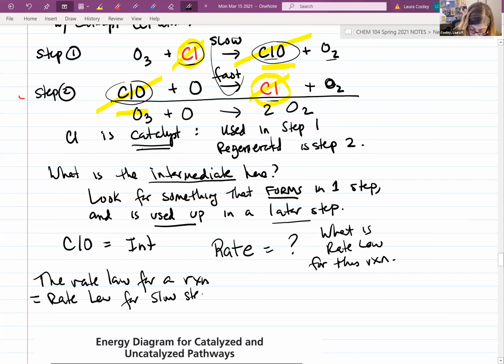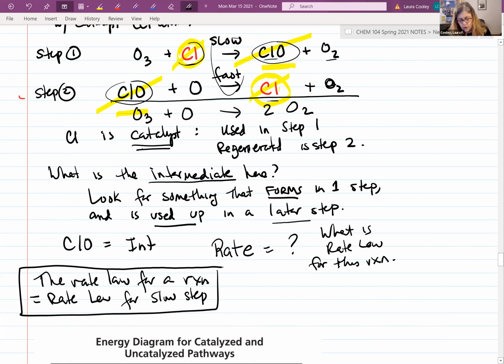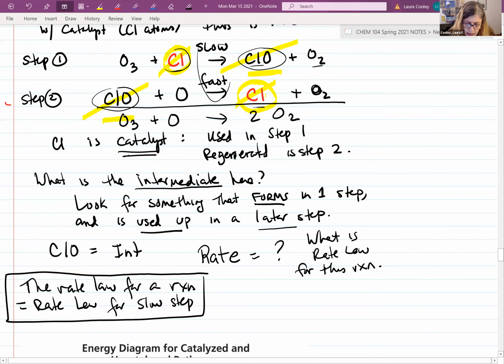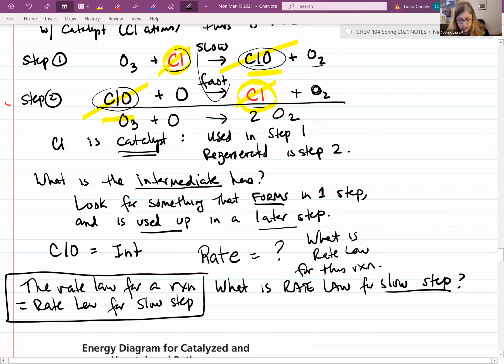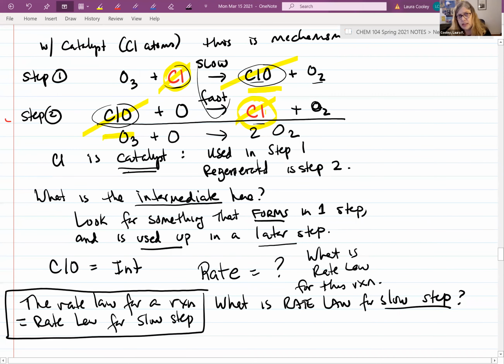Okay, so what is the rate law for the slow step? Remember, it's very easy to figure out the rate laws for an elementary step because they occur as written.